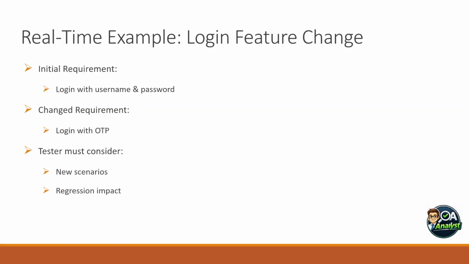Now as a tester, you must immediately think about new test scenarios against this particular requirement change. What are the new test scenarios? What are the new validations? Regression impact on the existing login, and whether there are any security and usability impacts. So change is not just coding, it affects testing deeply.